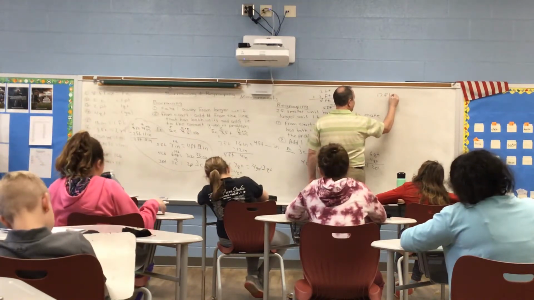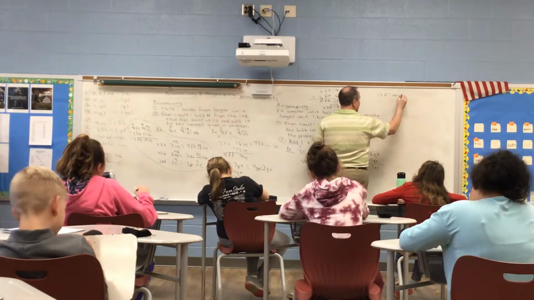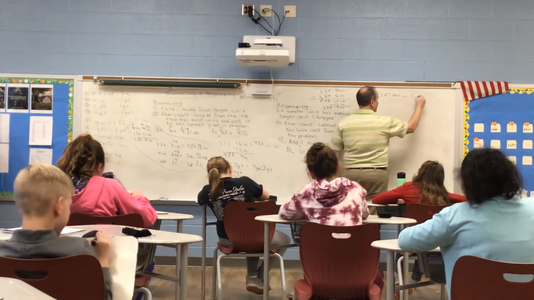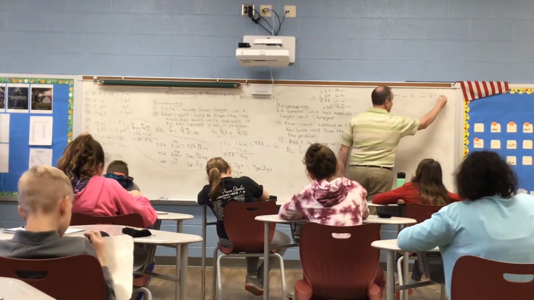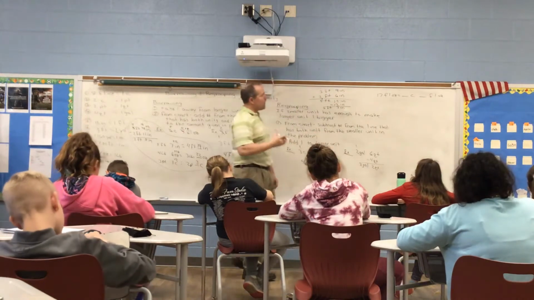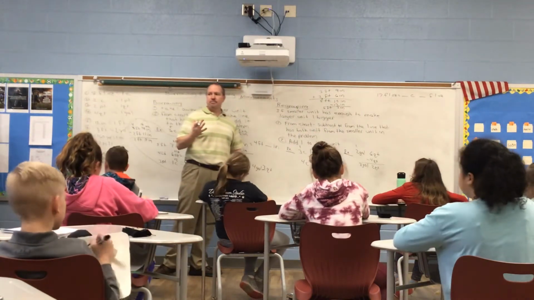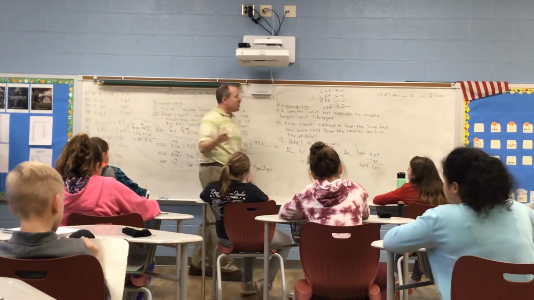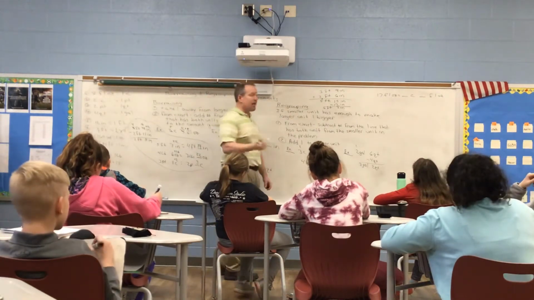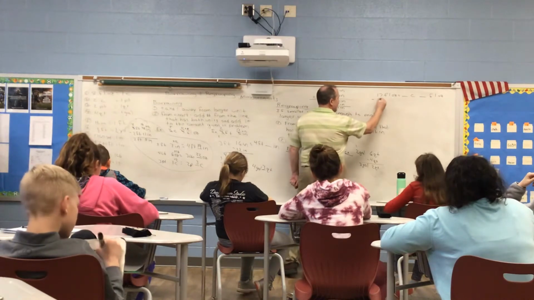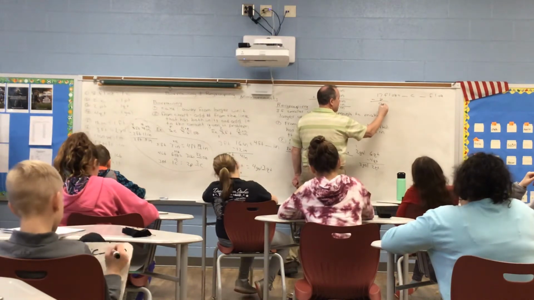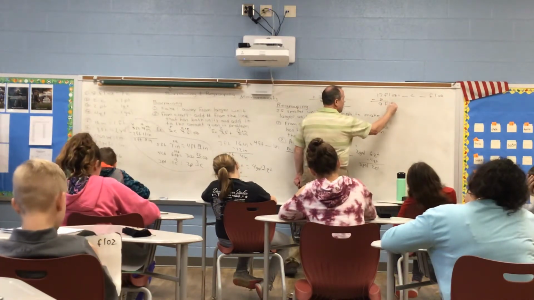17 fluid ounces equals blank cups, blank fluid ounces. Now, how many fluid ounces equal a cup? 8. Do we have enough to make a cup? Yeah. So if we subtract 8, 17 minus 8 is 9, giving us 9 fluid ounces.